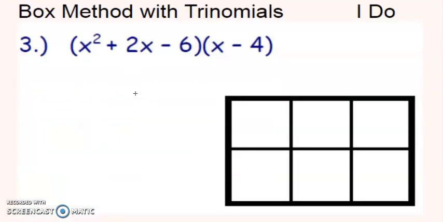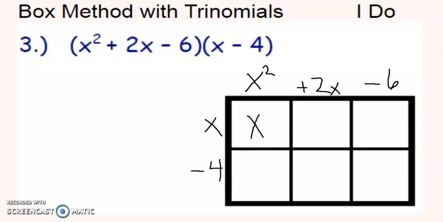Now let's do a different example. We're going to do the box method with trinomials. So it's the same as before, except now we're going to have 3 terms at the top instead of 2. So we have x squared plus 2x and minus 6 at the top, and on the side we have x minus 4. Now we're going to multiply and put those in the boxes. We have x, x, x.